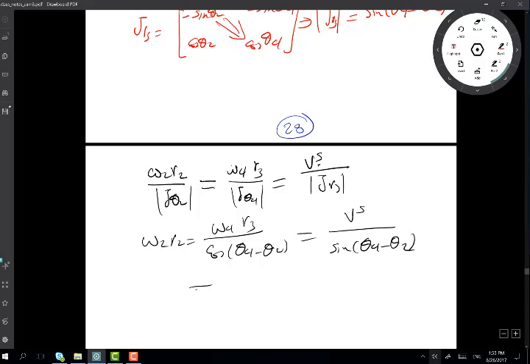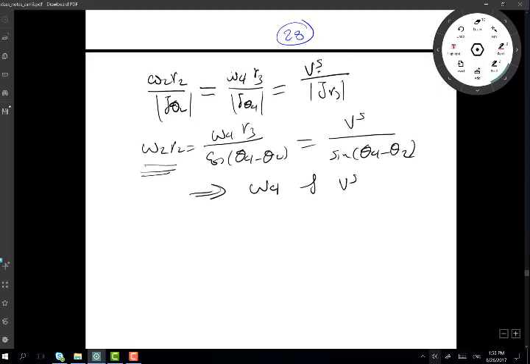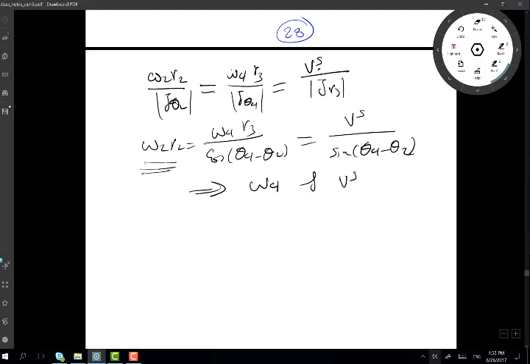And from here I can get expressions for omega 4 and the sliding velocity. That's easy to get by equating each term to omega 2 R2, and I get the information I'm after. And this tells me exactly what will happen when Vs is going to be equal to 0, when this sine is equal to 0.